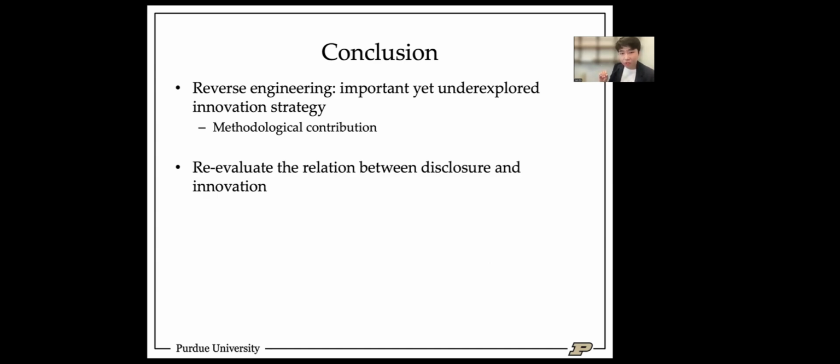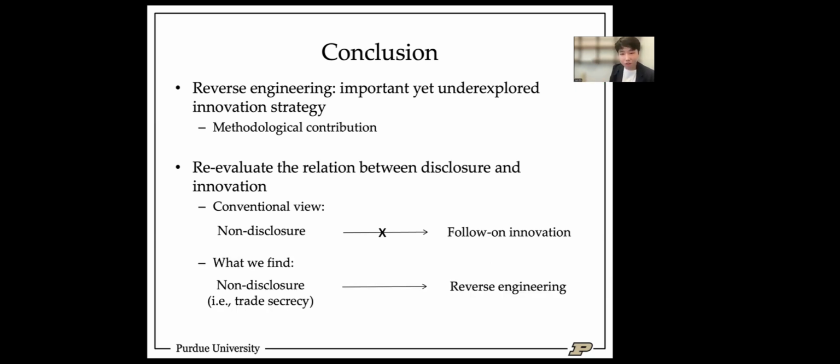And more importantly, at the more fundamental conceptual level, we reevaluate this relation between disclosure and innovation. And what do we mean by this? Typically, the conventional view is that if companies are not disclosing their innovation, that potentially leads to less spillover for other companies. Therefore, there's going to be less follow-on innovation. But we turn this on its head.